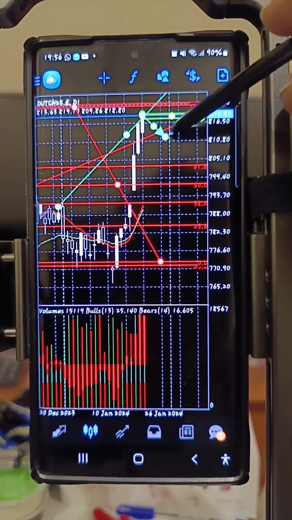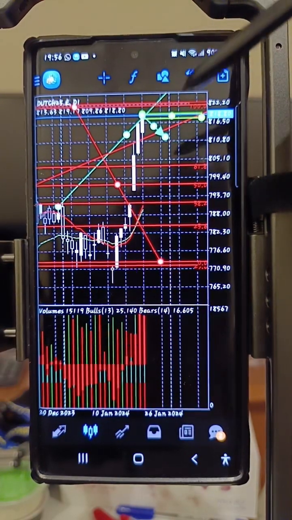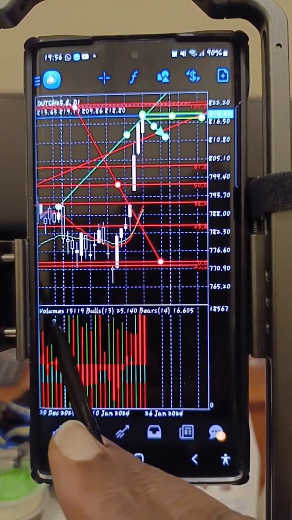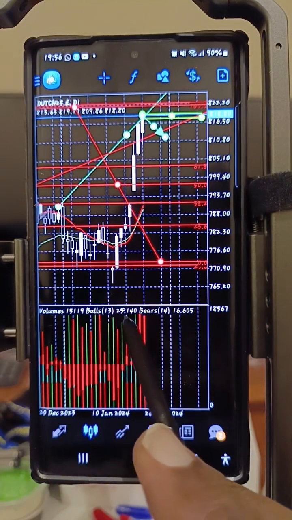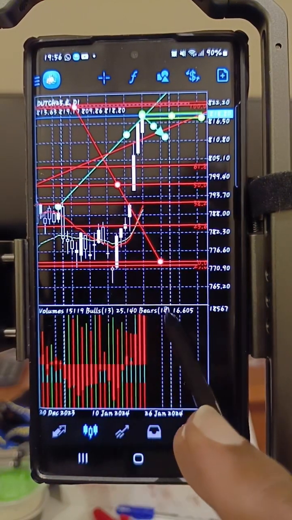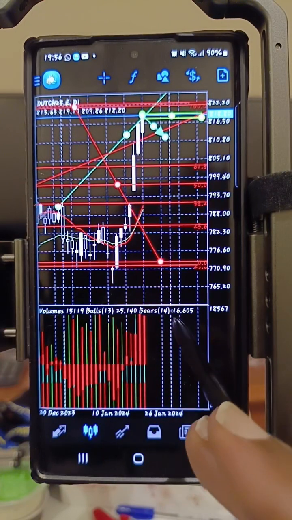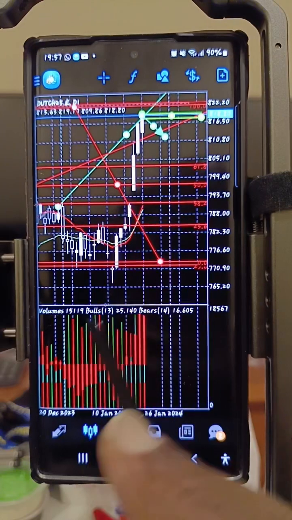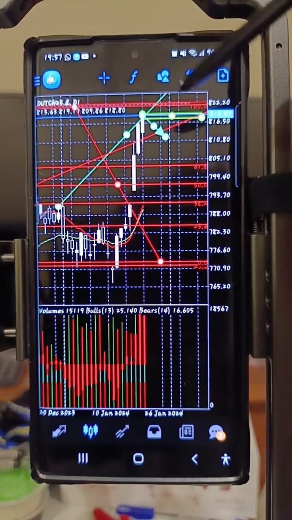As it pulls back, I'm looking to monitor, and I use the volume to help me. As the volume comes in, I'm reading the bull and the bear. As long as the bear remains positive and the bull gets stronger positive, I know it's a buy.